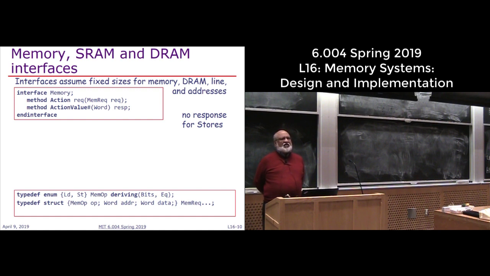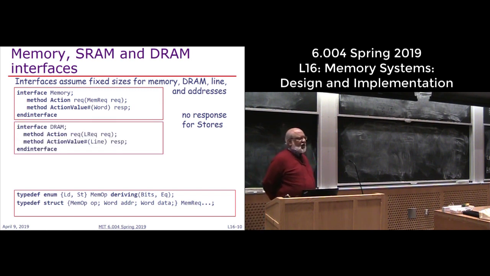So I want to minimize parameterization, and therefore we'll fix the addresses and the memory size and the word size as well as even the line size, so that I don't have to continuously pass type parameters into this.